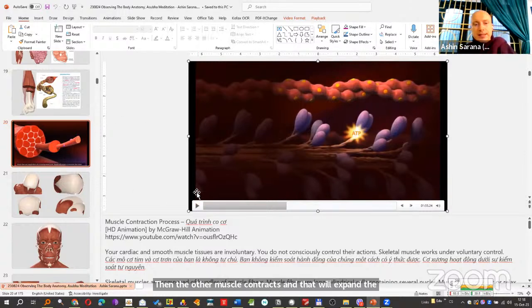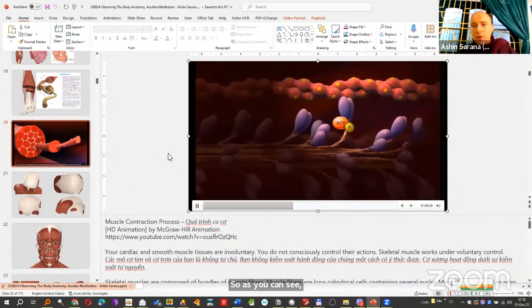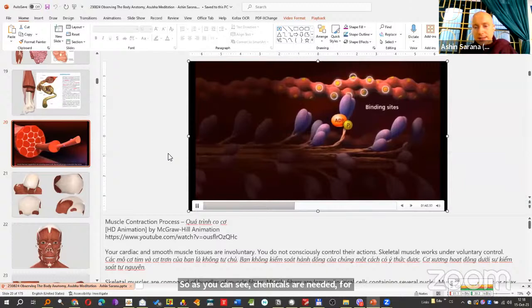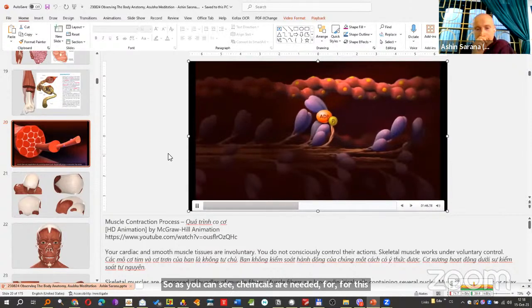So it seems that the muscles do not have the ability to expand, to extend, but they have the ability to contract only. As you can see, chemicals are needed for this process of myosin dragging the actin. The myosin binds at specific places, and then the contraction happens.